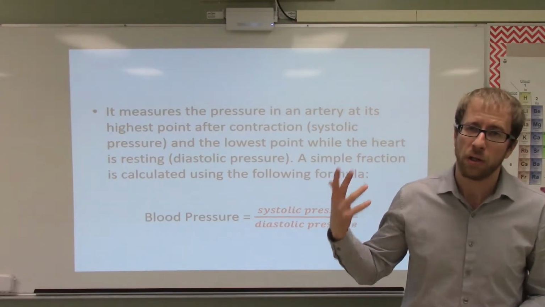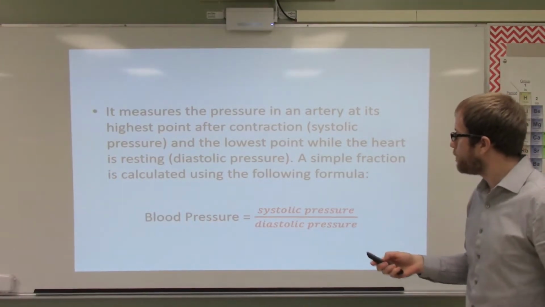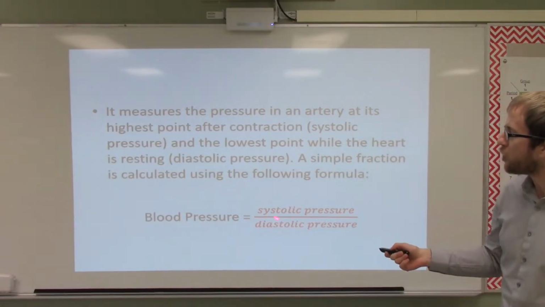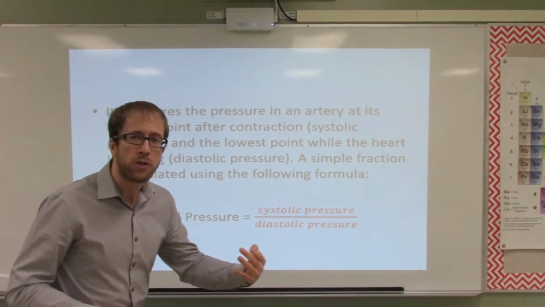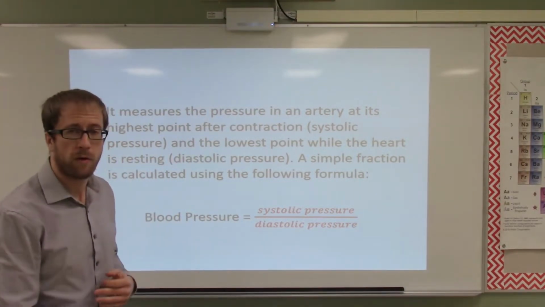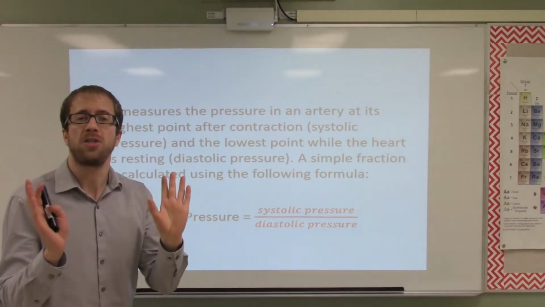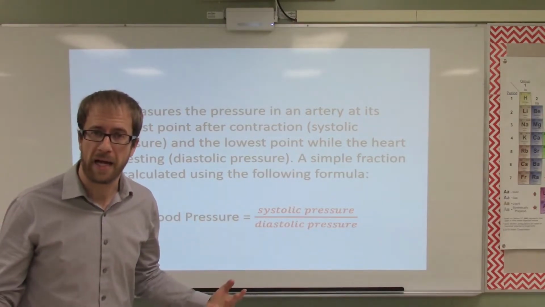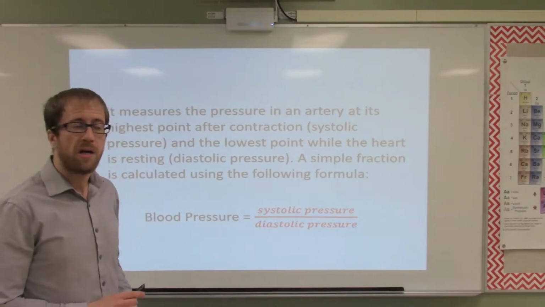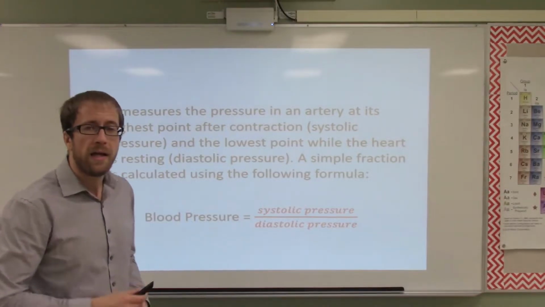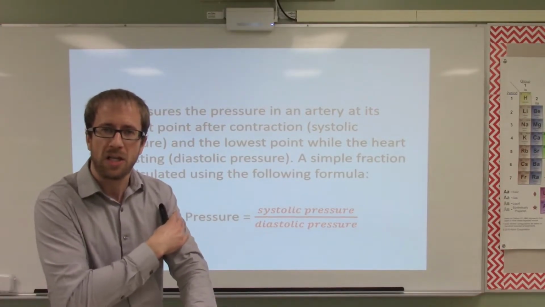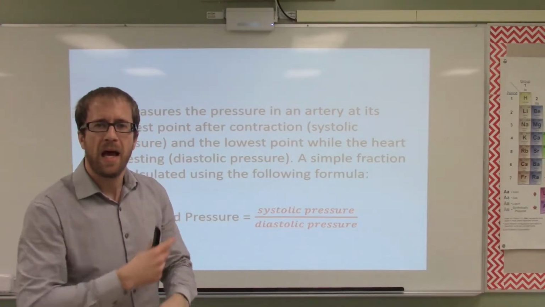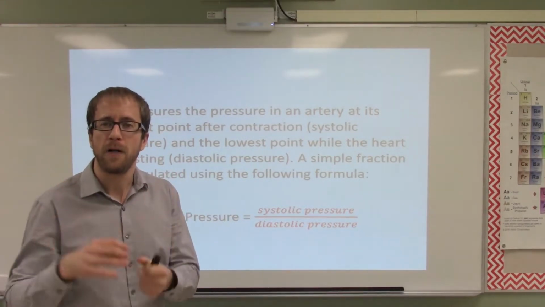So the high pressure we call systolic, and the low pressure we call diastolic. Remember, systolic where your heart's contracting, diastolic when it's relaxing. So it's the pressure where it is the highest point when that blood pump from your heart gets to the cuff, right? That pressure wave. And then the lowest point right before your ventricles contract again.